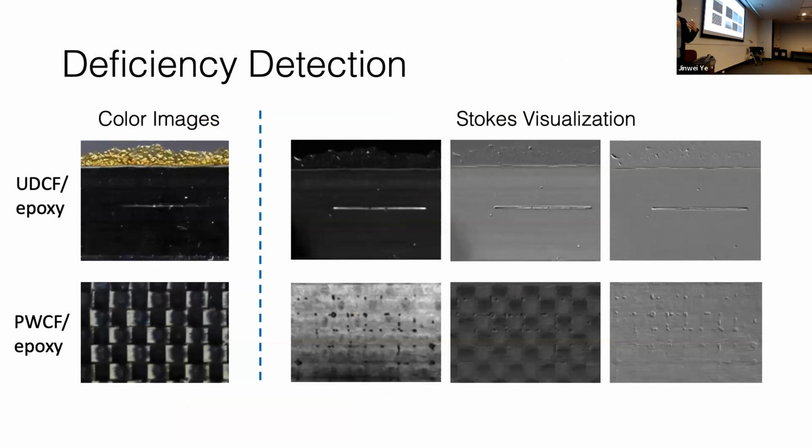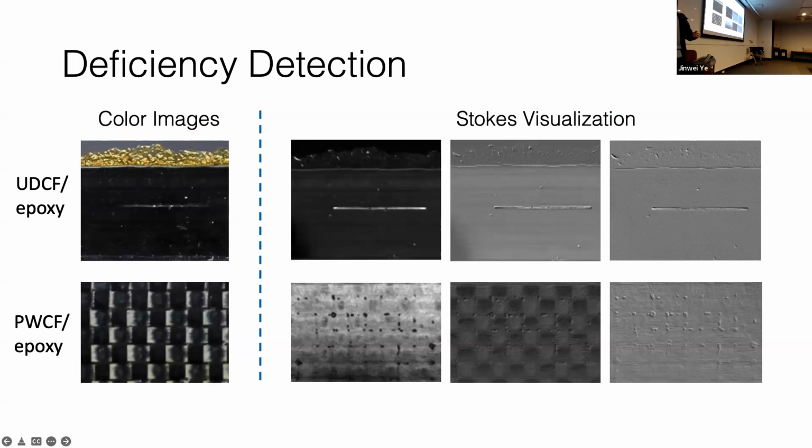And we also use it for deficiency detection. This is a collaboration with faculty from the mechanical engineering department. Here I just want to show you that polarization images have the power to make what is not apparent in color images stand out.